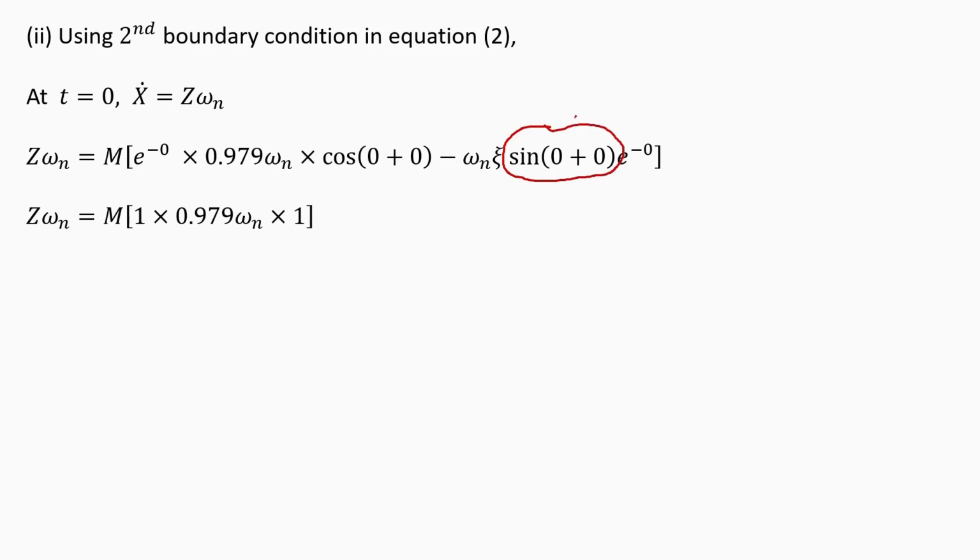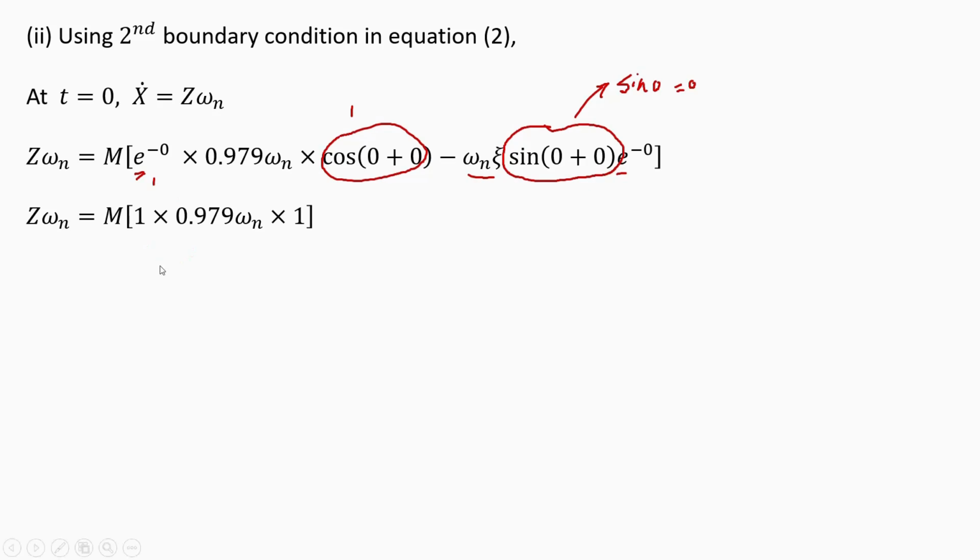So this term is sine 0 and sine 0 is 0. So this is 0 multiplied by these terms. So it is 0. Cos 0 is 1. So this is 1. And 1 multiplied by this term. This is also 1.